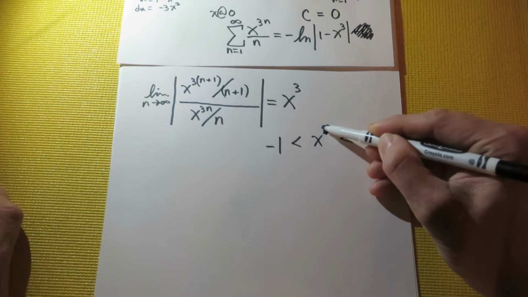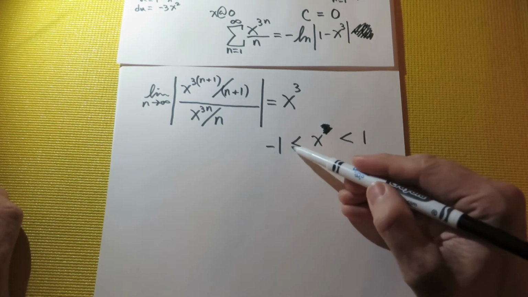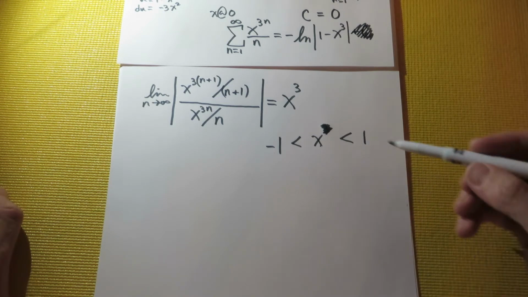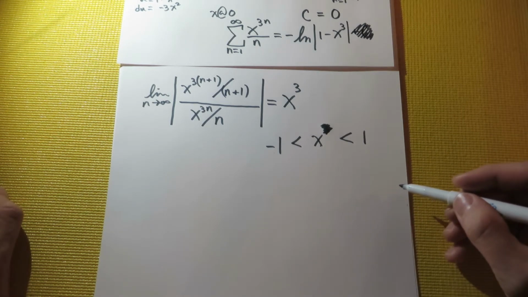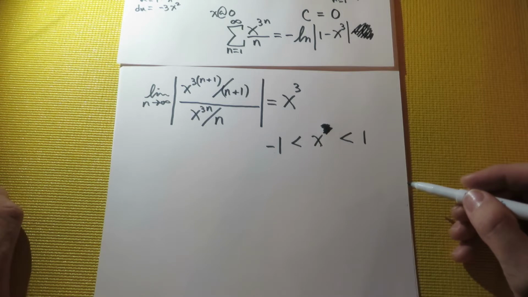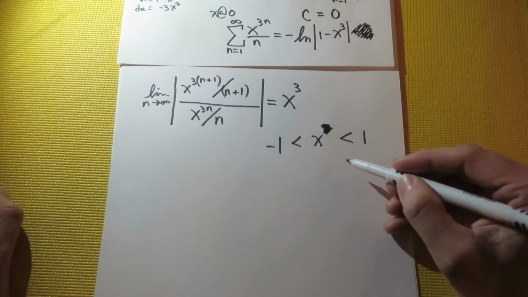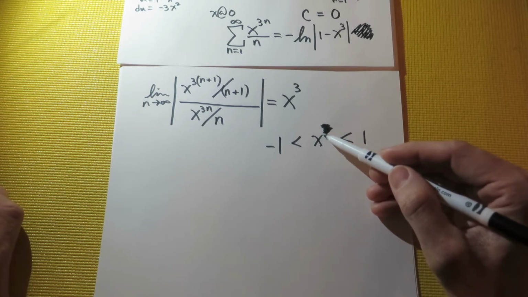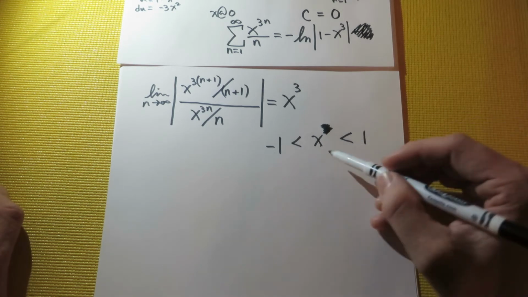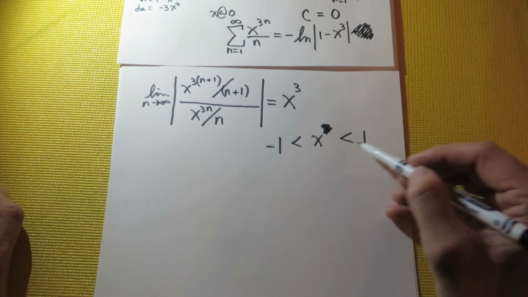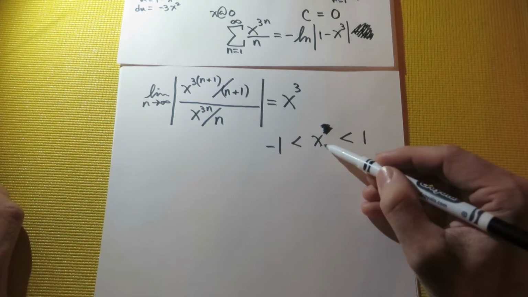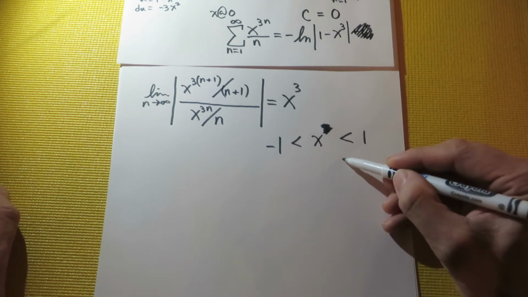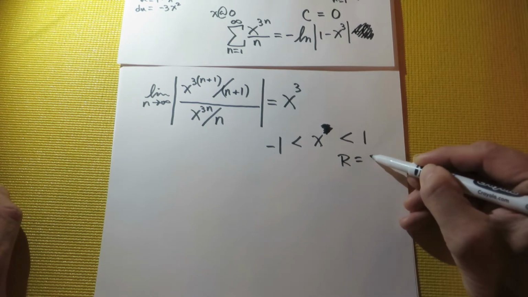So we could just say that -1 is smaller than x, and x is smaller than 1. So we've established our radius of convergence here. We know that our radius of convergence is just going to equal 1. If you just imagine that x is at 0, well then -1 and 1 are equidistant from 0, and that's just a radius of 1. So our radius is equal to 1.